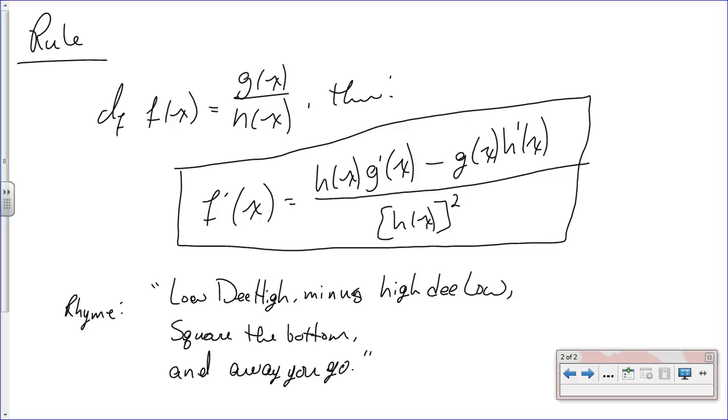So low D high minus high D low, square the bottom and away you go. That is the rhyme if you want to use it to help you remember this.